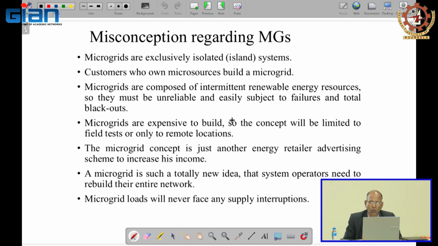Then of course we know that this microgrid is mainly based on renewable energy sources, but renewable energy sources are highly intermittent in nature, like wind and photovoltaic systems, and they depend upon the natural weather conditions. So a lot of uncertainty is there.